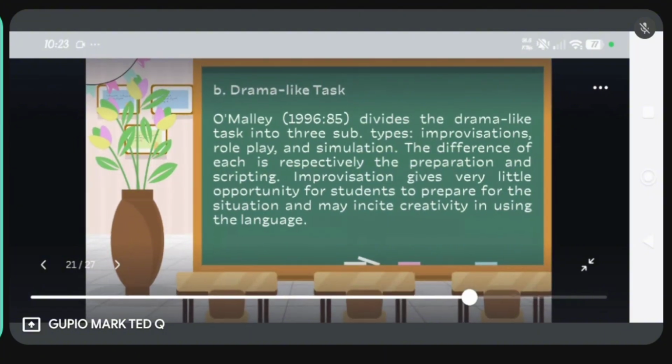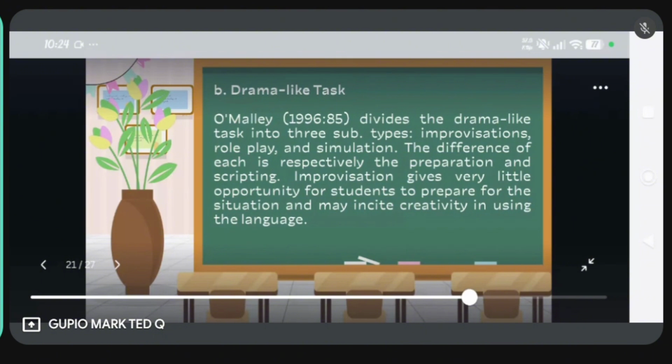So the second one is drama-like tasks. According to Malay in 1996, drama and task-based activities such as role-playing or acting out scenarios are highly interactive. Participants take roles and respond to each other in character. For example, students may act as customers and shopkeepers to practice communication skills.